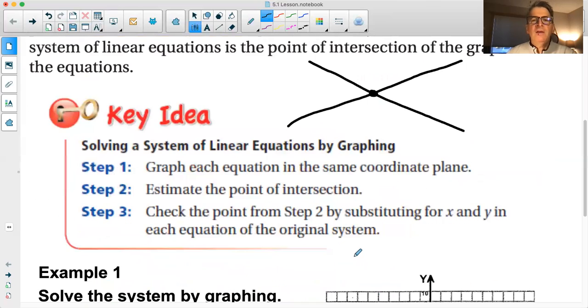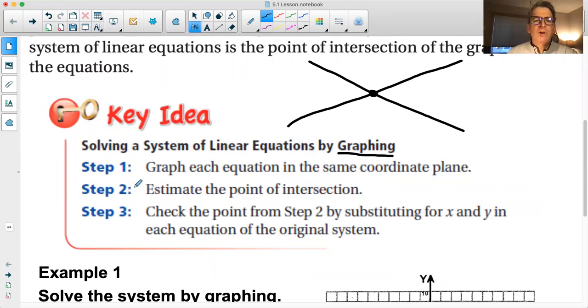So our key idea is working with graphing. We're going to solve a system by graphing, and it's a three-step process. It goes fairly quickly. Step one is to graph each equation on the same coordinate plane.